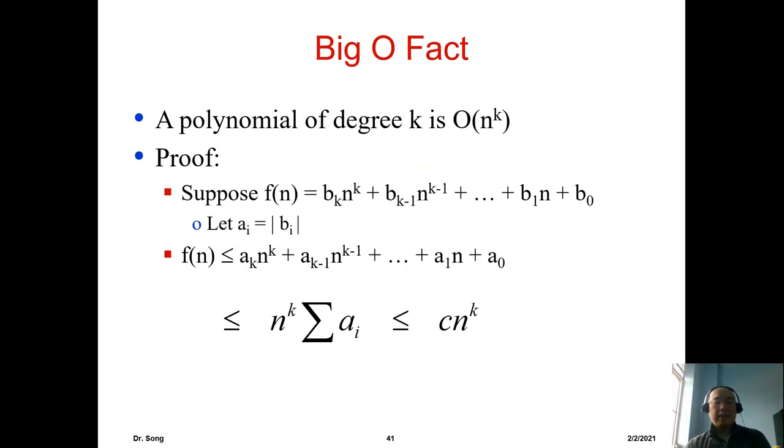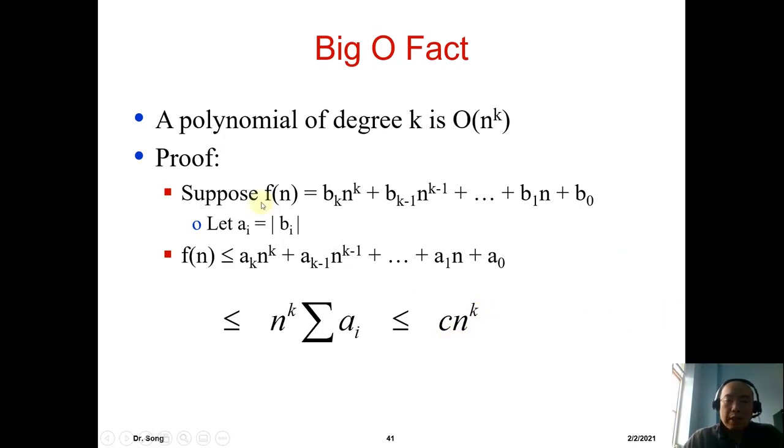Okay, and for the big O, suppose that you have an f(n), and the f(n) is not just a 2-degree polynomial, it can be a k-degree polynomial, so it can be super long. So if you have a polynomial b_k n to k, and then b_(k-1) n to k minus 1, all the way down to b_1 n and b_0, and we do the same trick as we have done here, we put together the sum of b_k, b_(k-1), b_(k-2), all the way to b_1, b_0, and eventually you will get something like this.